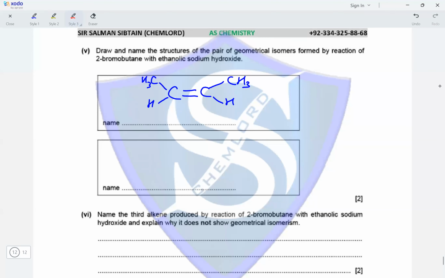So this particular alkene will be known as cis-butene because the CH3 groups and the hydrogen atoms are present on the same side of the double bond, and in its isomer the CH3 groups as well as the hydrogen atoms would be facing in opposite directions to each other on the two carbon atoms. It will still remain butene, but instead of cis-butene it will be called trans-butene.